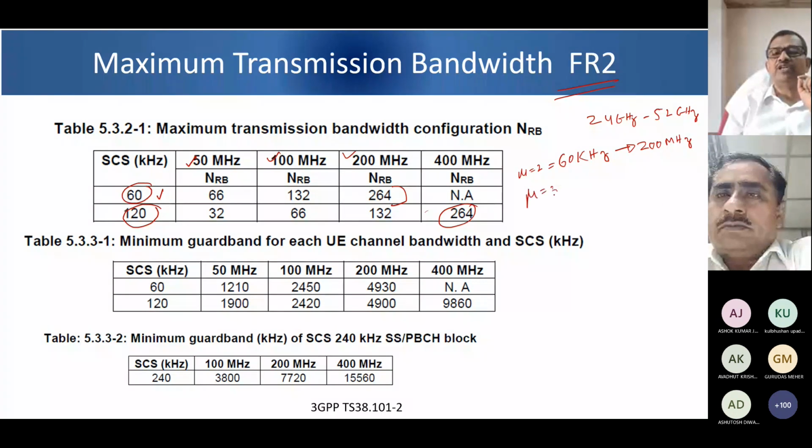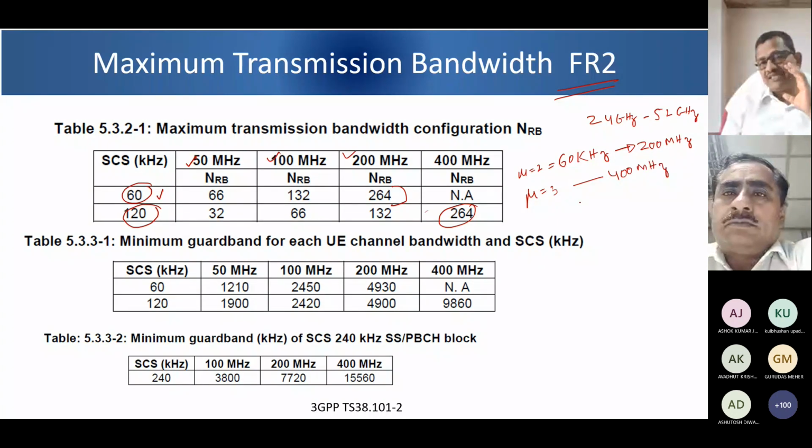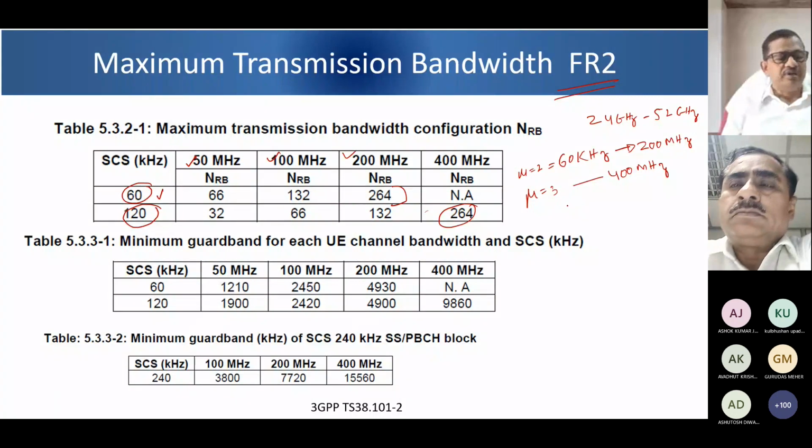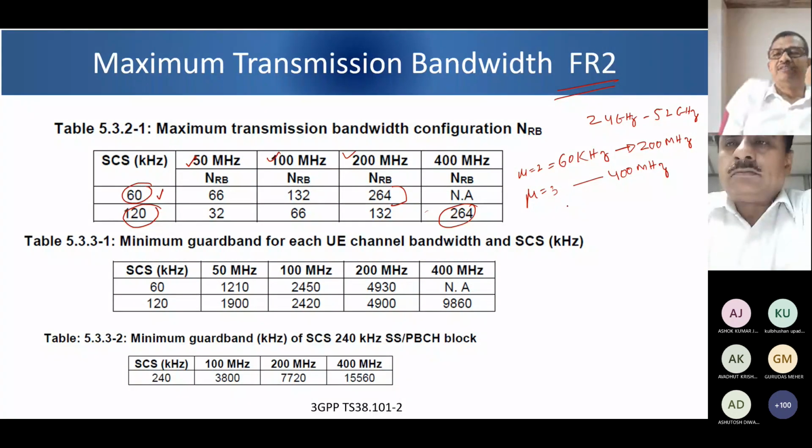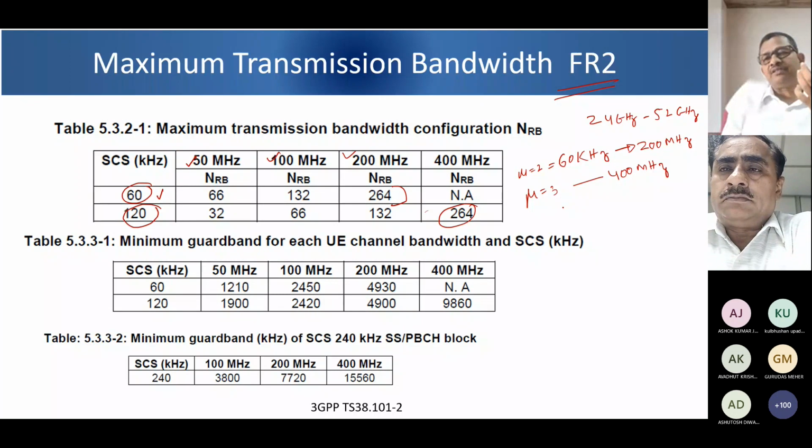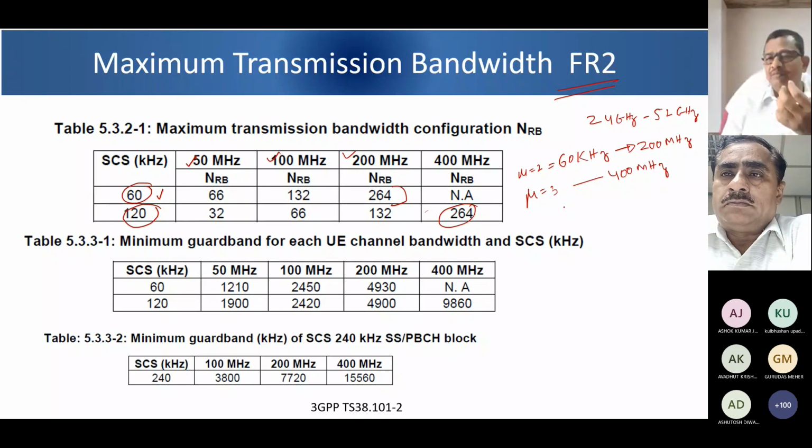For mu equal to 3, you are able to go up to 400 megahertz. So just see, yesterday we had seen the channel bandwidth, which said that in FR1 we have a maximum channel bandwidth of 100 megahertz and in FR2 a maximum channel bandwidth of 400 megahertz.